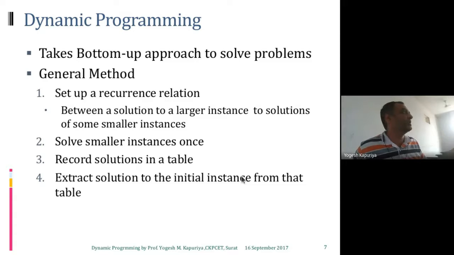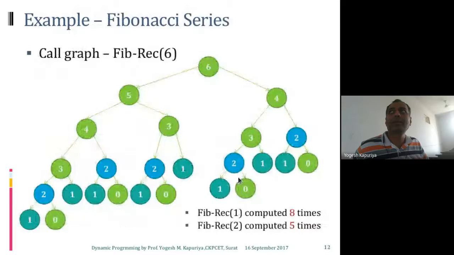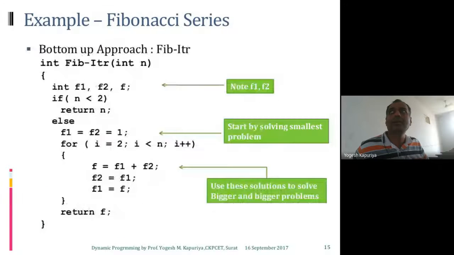Let us try to understand this fourth step by this. What we have done is we started with the small thing and then preserved it in variables called f1 and f2. So here we are actually preserving the previous values. Sometimes you can store it in a single variable, sometimes you require an extra table as well.